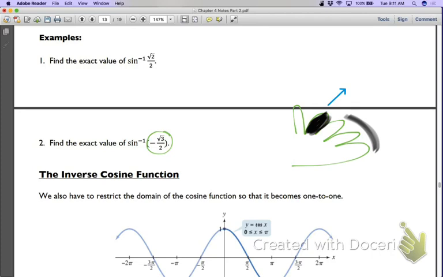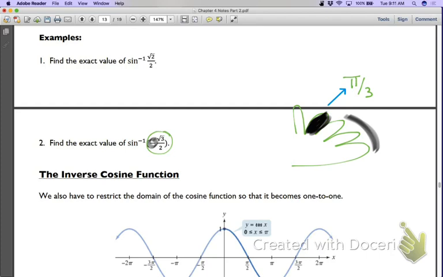So which angle measurement is my pointer finger? Is it 0? Is it pi over 6? Is it pi over 4? Is it pi over 3? Or is it pi over 2? Pi over 3. Now, the big difference between the first one and the second one is that I have a negative right here.